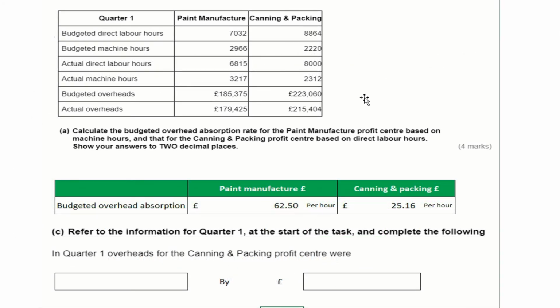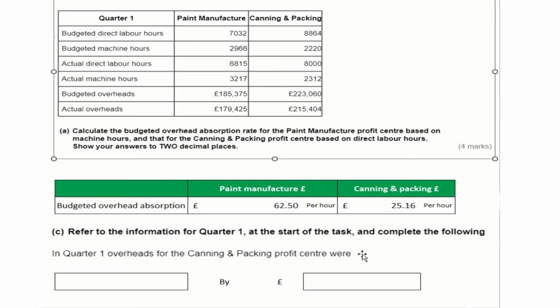To answer part C, we need to use data from part A, so that's why I've collated everything together like this. It says refer to the information from quarter 1 at the start of the task and complete the following. In quarter 1, were overheads for the canning and packing profit centre under absorbed or over absorbed, and by how much? For canning and packing, we worked out the overhead absorption rate to be £25.16, using direct labour hours, and the actual direct labour hours was 8,000.